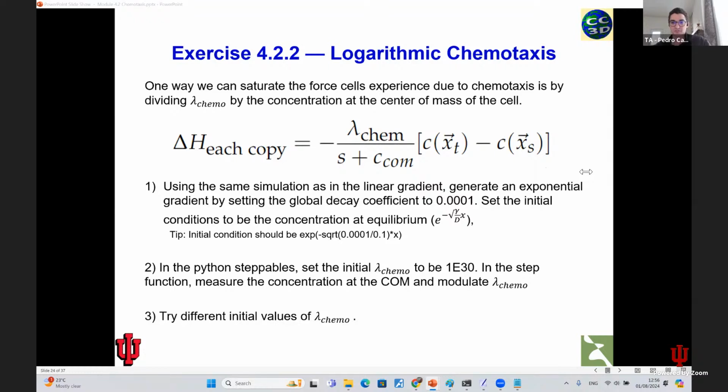This expression goes to the initial concentration expression. Yes, thank you, Iran.